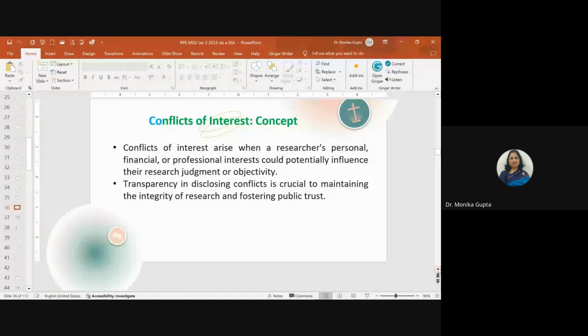This could include financial ties to a company whose product is being studied, personal relationships with the study participants, or a desire for career advancement related to the research topic. Transparency in disclosing potential conflicts allows editors, reviewers, and readers to assess the research objectivity.